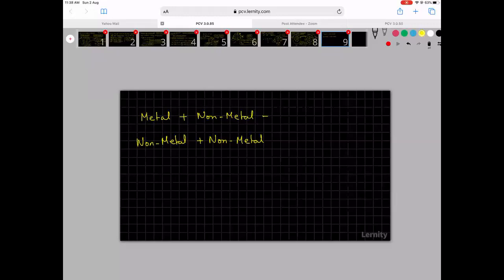The first is an electrovalent compound, and the second is a covalent compound.